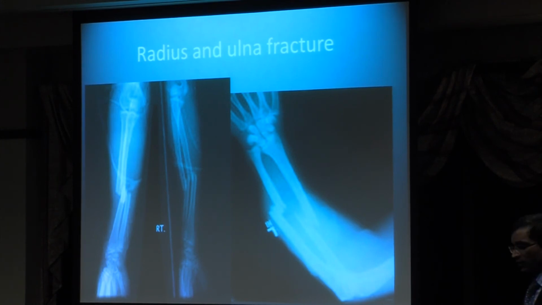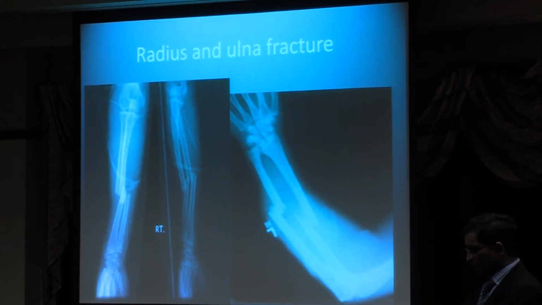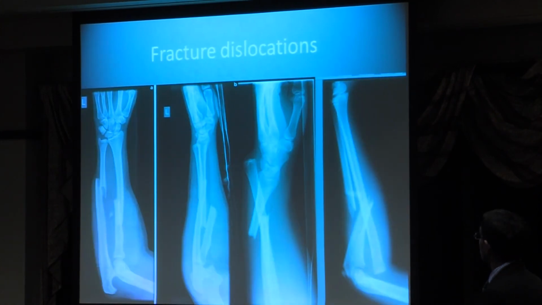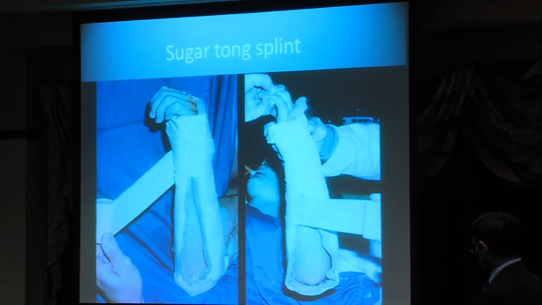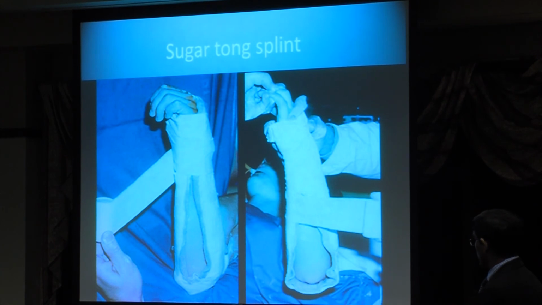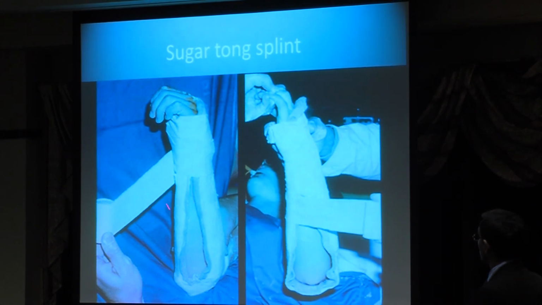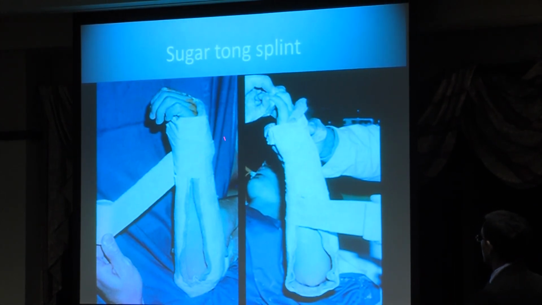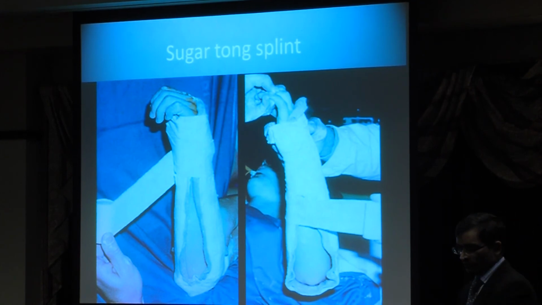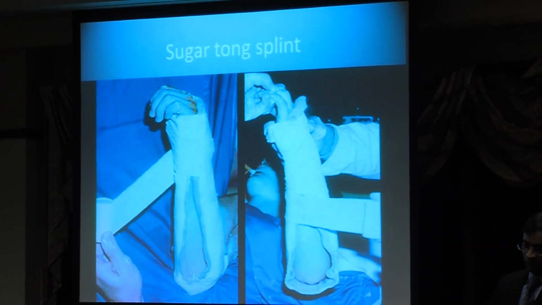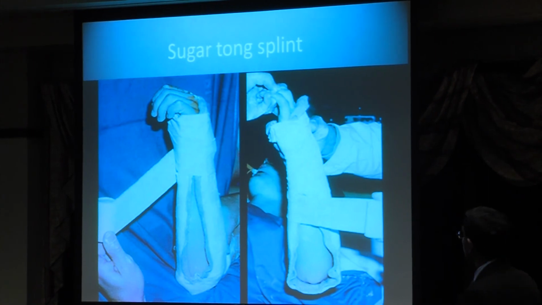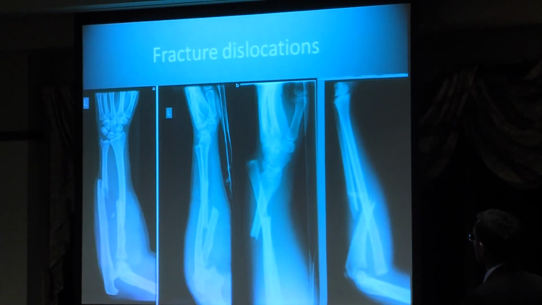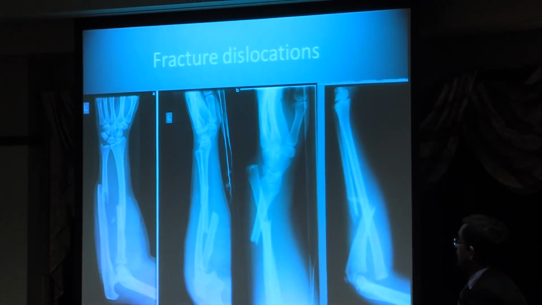And for initial stabilization, you can either put a sugar tong splint, which I will show you in a picture here, like this, where it goes around the elbow and splints the wrist and the elbow, or you can just put a posterior splint all the way spanning the elbow and wrist. Also, we need to pay attention to see if there is any dislocation or not.